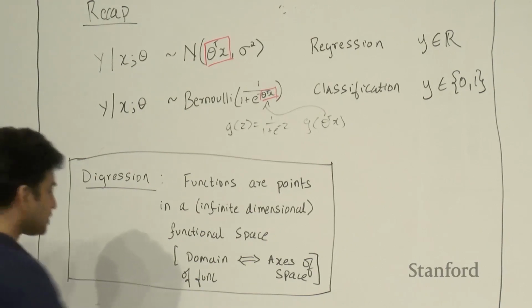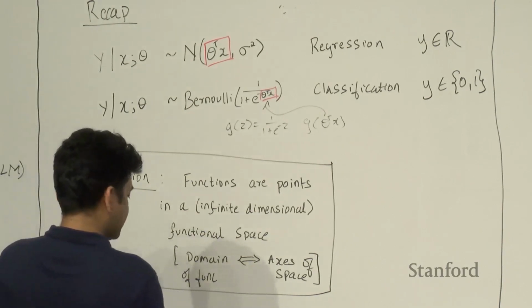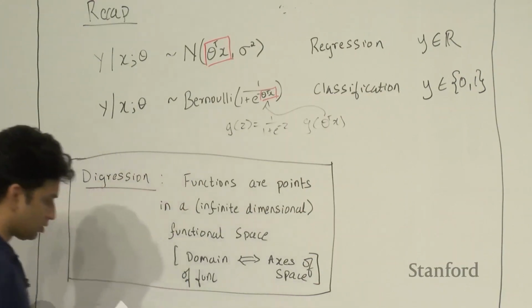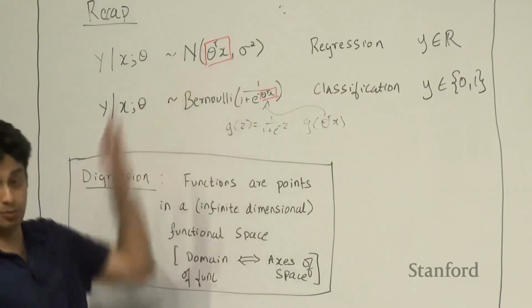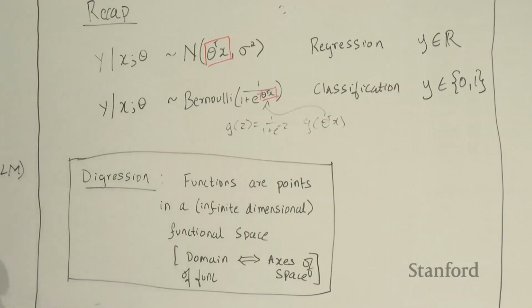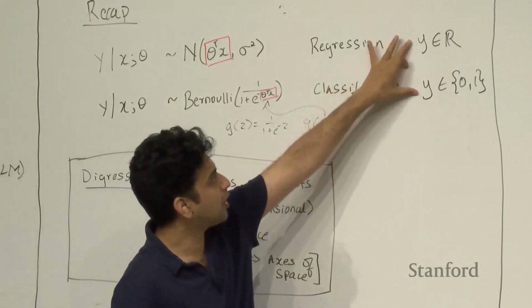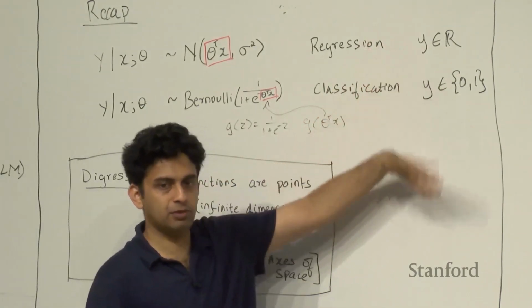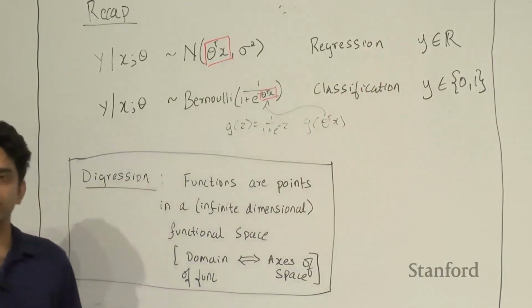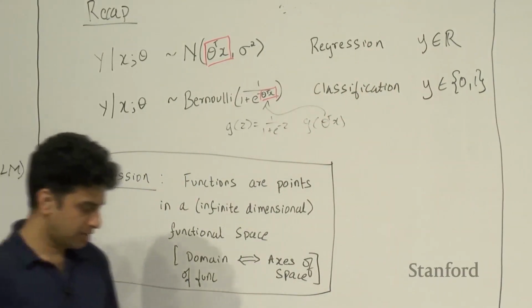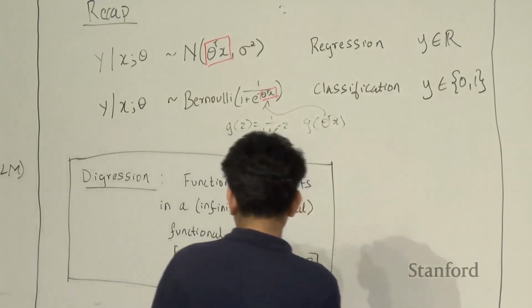That's called the GLM, or the generalized linear models. We call it linear because theta transpose x is linear, and we call it generalized because we generalize not just to two data types of y, but to more general kinds of y. Okay, so let's get started with exponential families.